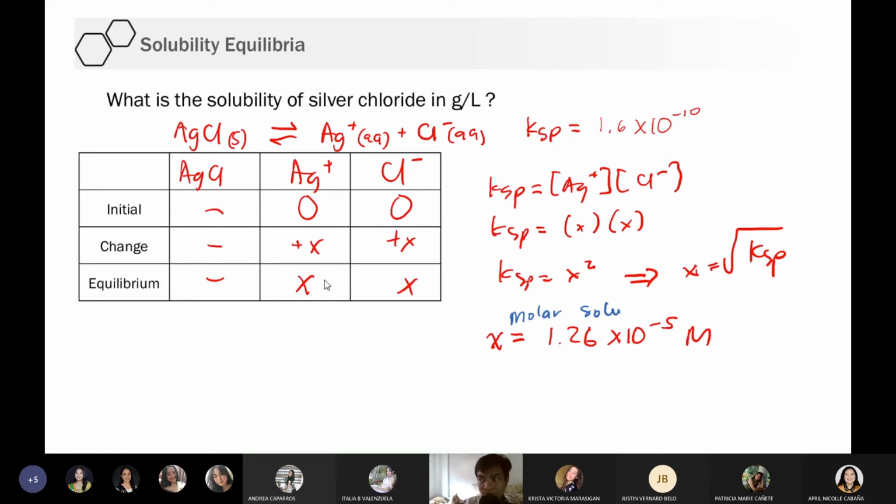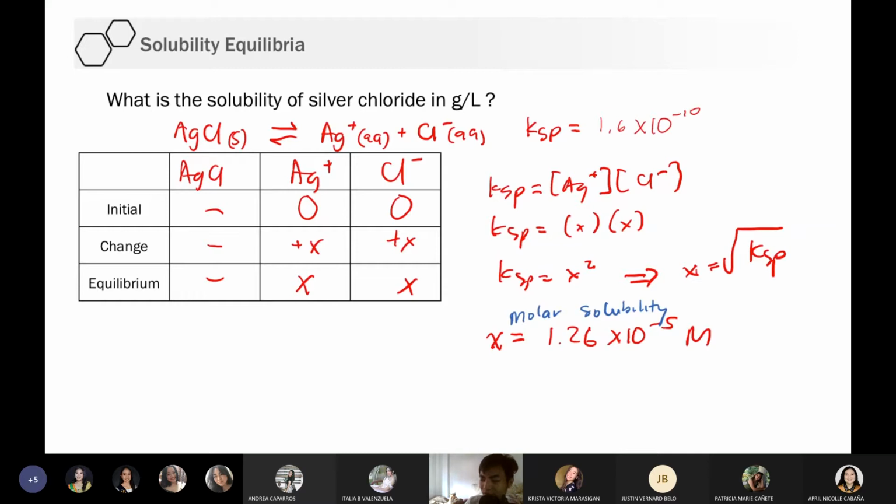But, for solubility equilibria, kung ano yung x value, yun na yung molar solubility. So, yun na yung sagot natin. Unless, ang tinatanong sa inyo yung concentration ng ions. Okay? Pero, pag tinanong molar solubility, that is just the value of x. Okay? X value lang yun.